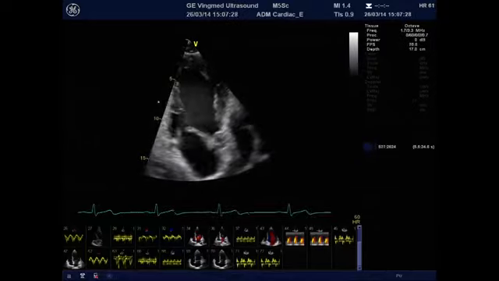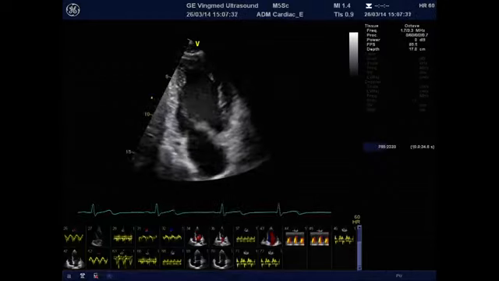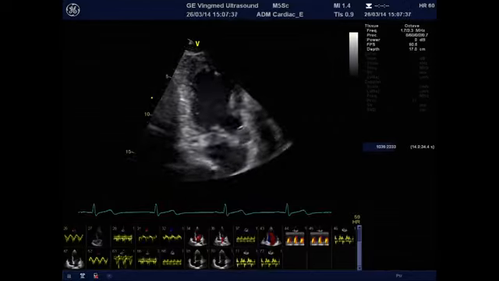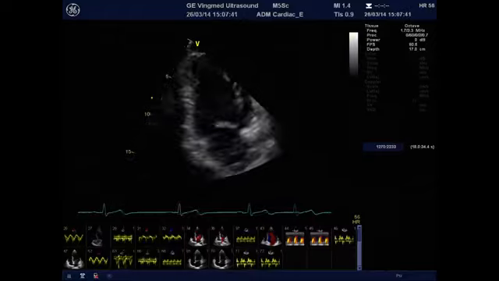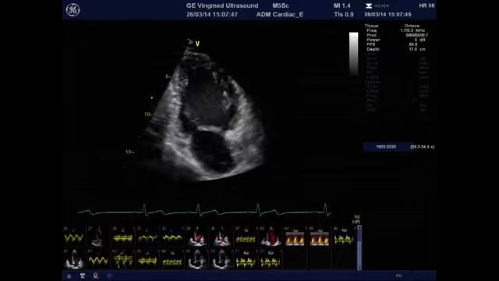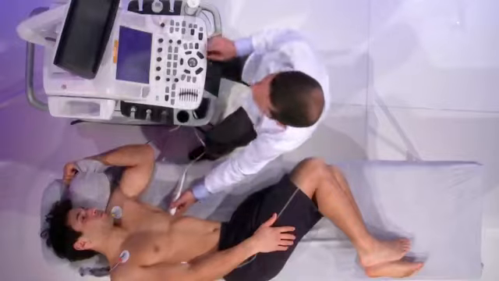So one could do that, moving to the two-chamber view in the right way. And again, the trick is to adjust your view in order to bring the wall of interest in the center of the screen as close as possible in order to get a parallel alignment between the motion of the wall and the cursor of Doppler.